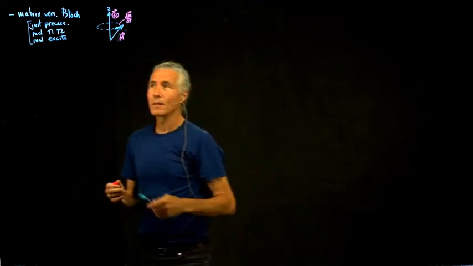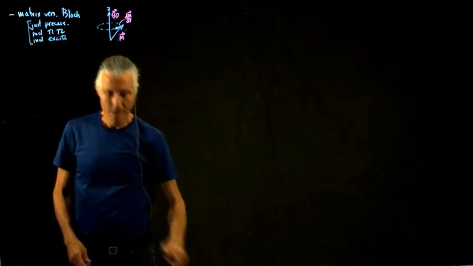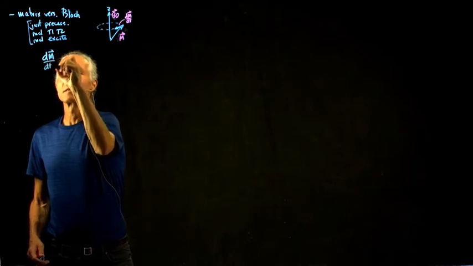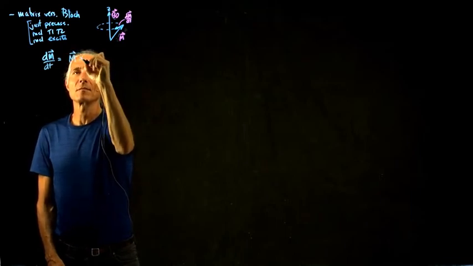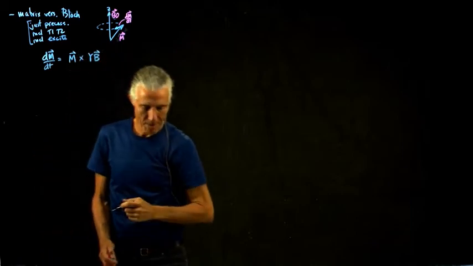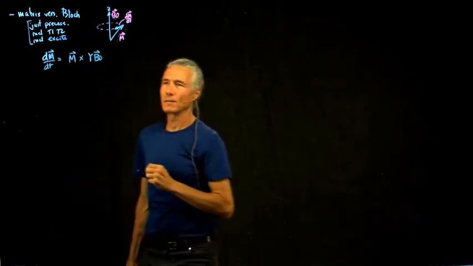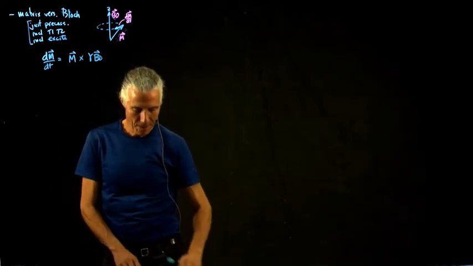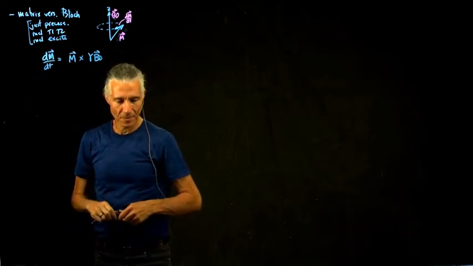So if we write out the standard Bloch equation, it's just dM/dt equals the M vector cross product with the B vector, and this is actually just the B0 vector because there's no RF applied, and there's no relaxation, so just the precession part.